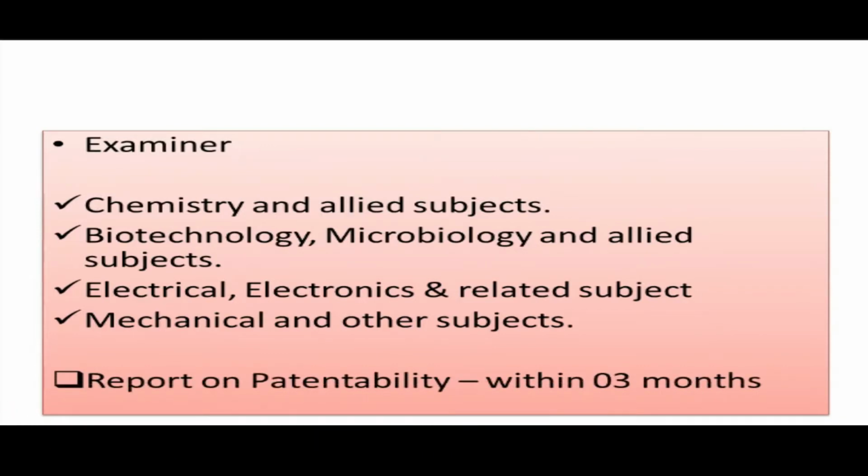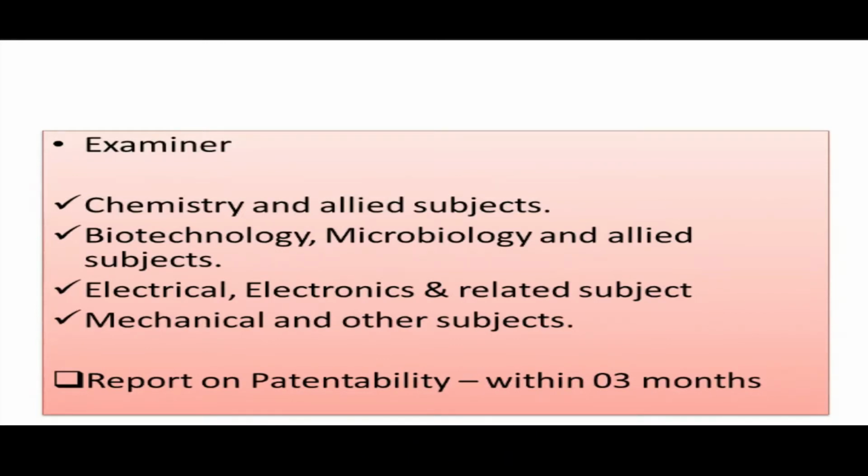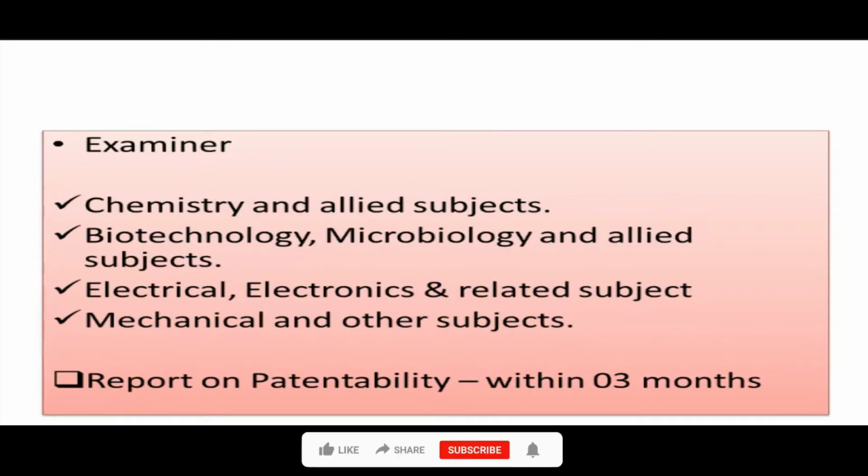Usually, unless otherwise provided, unless there is a continuation of period and delay, a report on patentability will be handed over to the patent claimant within 3 months of the examination. So the idea is this: what we are talking about is the patent procedure.